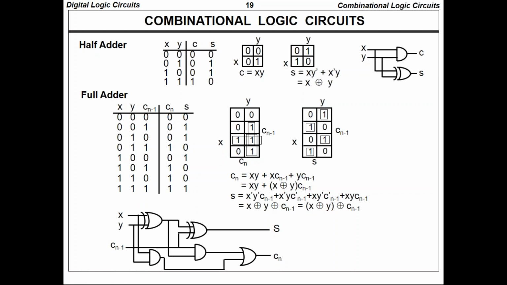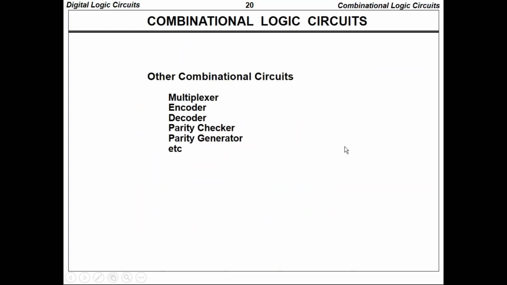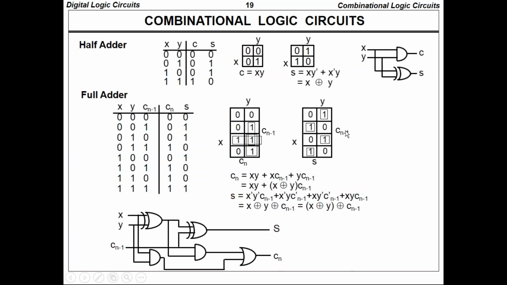If I consider the truth table and simplify through the K-map, you get carry equal to xy plus (x XOR y) into C(n-1). For sum, it is not possible to group all the elements.